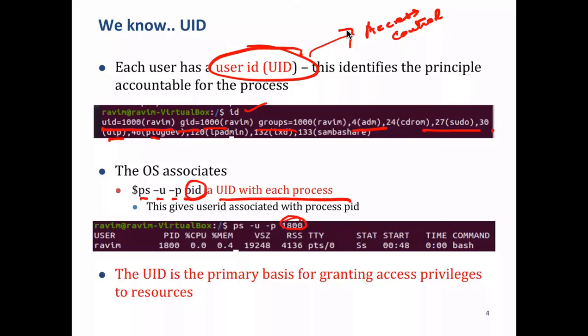Then it gives the user ID associated with that particular process. So if I run this for process 1800, it will tell me who the user is for that. All right, so try this exercise. With any process, you can find out the user ID for it. This we studied in the last class.